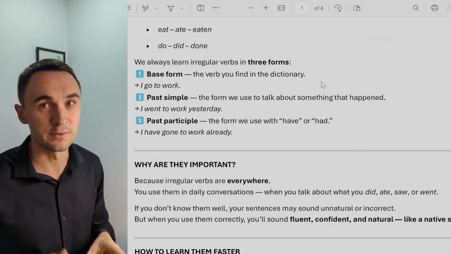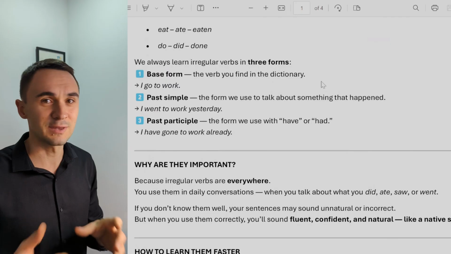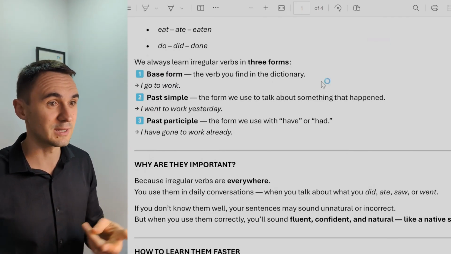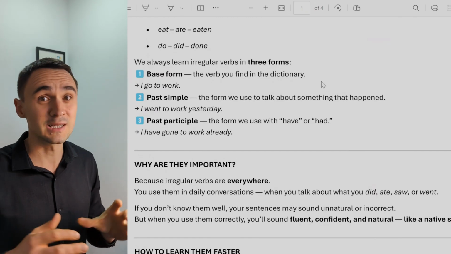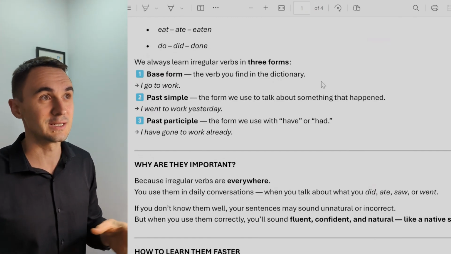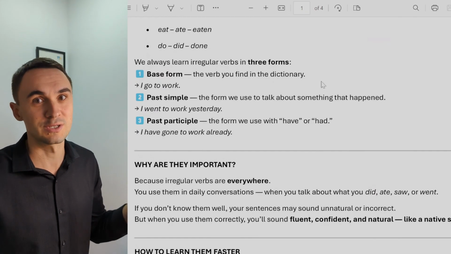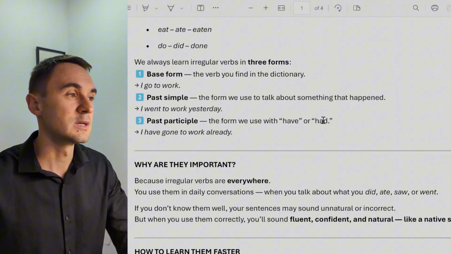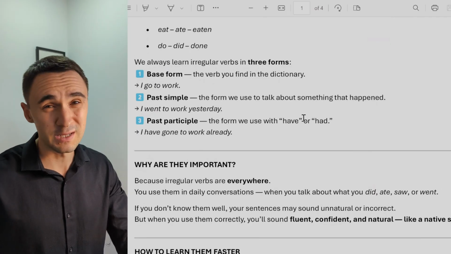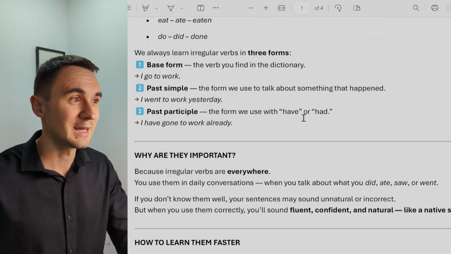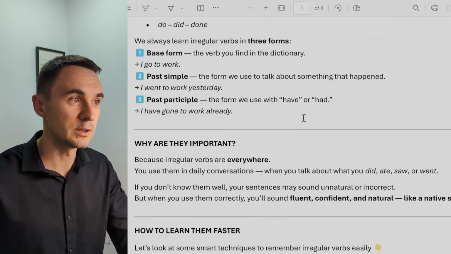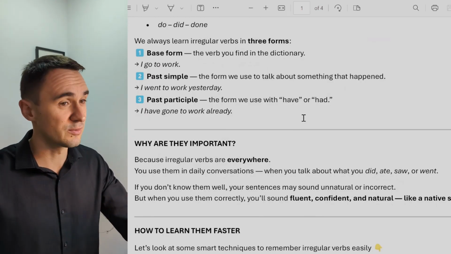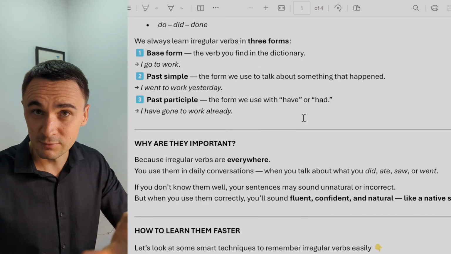Now, what about the third form? Many students think that if the first form is present and the second form is past, then it automatically means that the third form is future. No, of course not. Nothing can be farther from the truth, yeah? So third form is called past participle, and it's the form we use with have or had, basically we use this form in perfect tenses, but not only, okay?